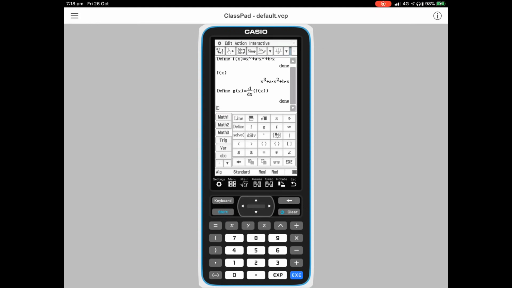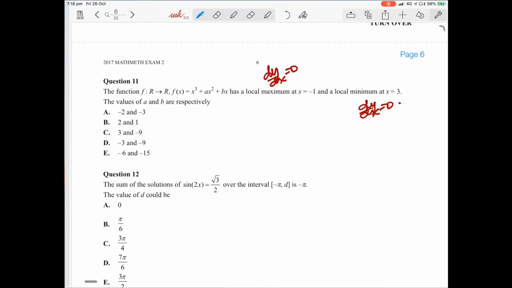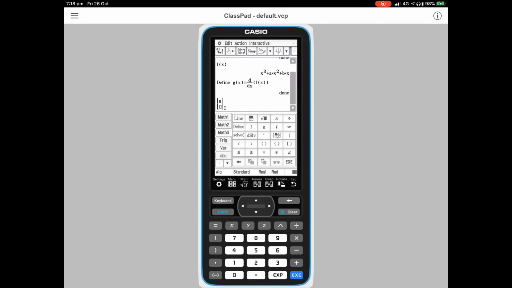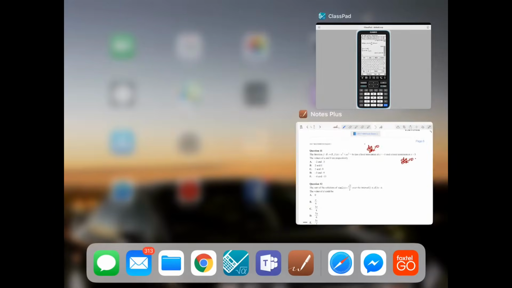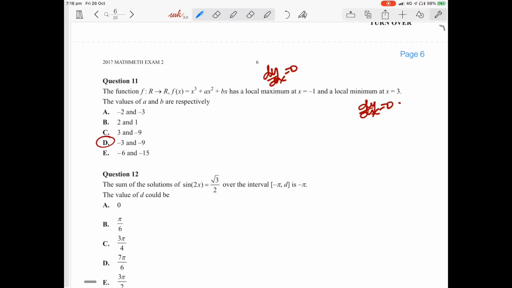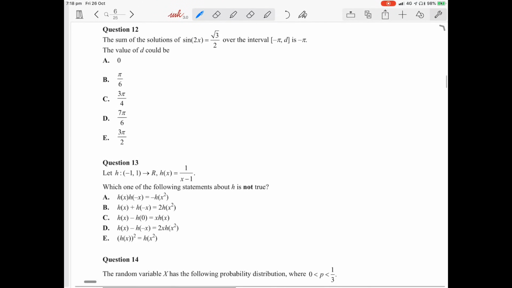Now we've got to solve the simultaneous equation: g of -1 equals 0, g of 3 equals 0, and then we want to solve for a and b. -3, -9. Okay, that looks pretty good. What are we up to? 12.